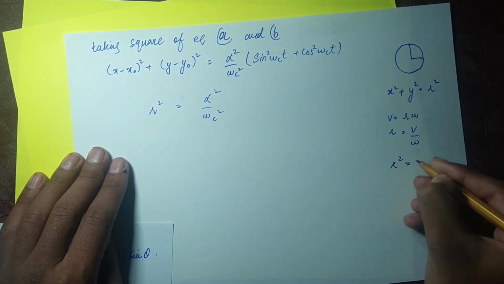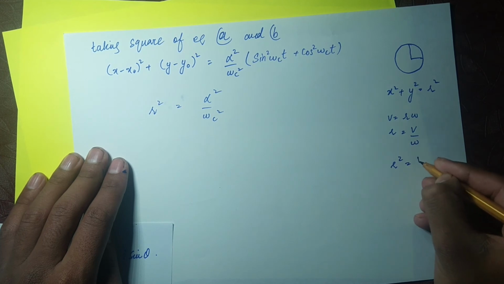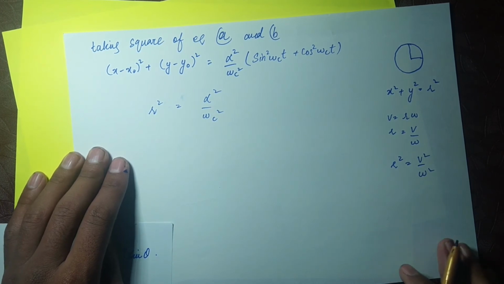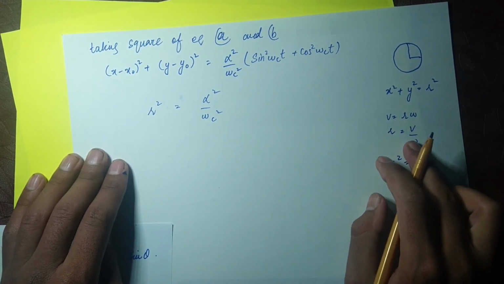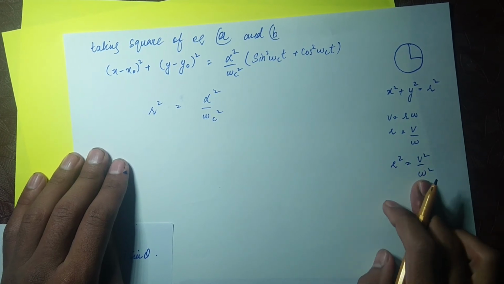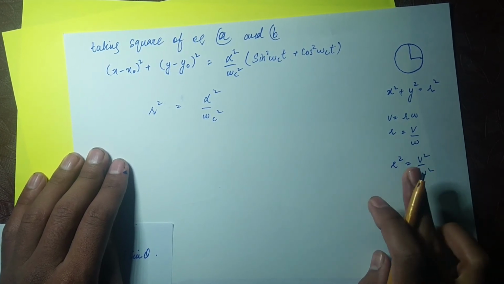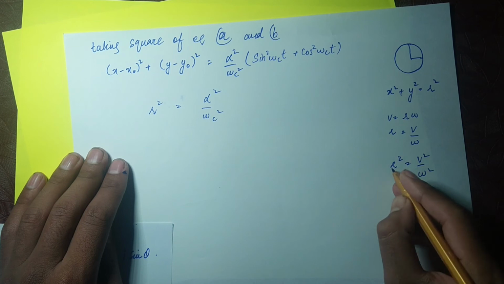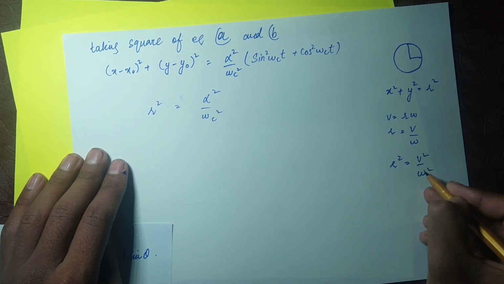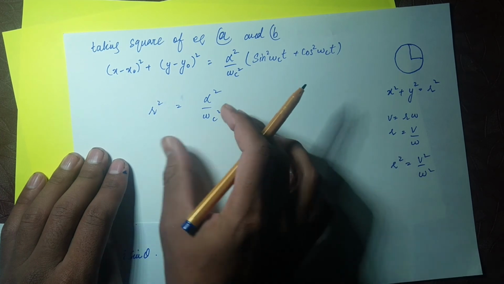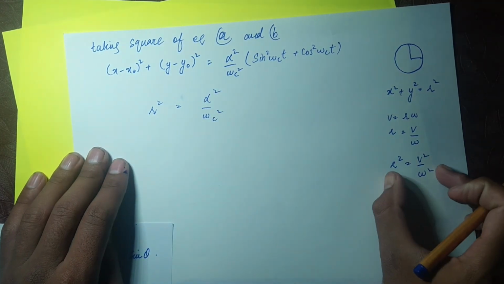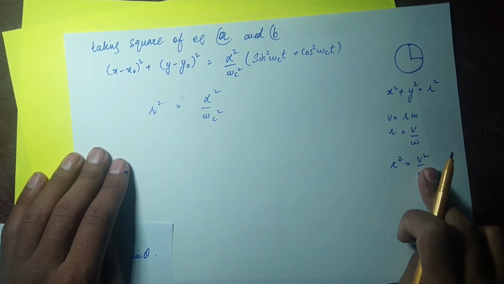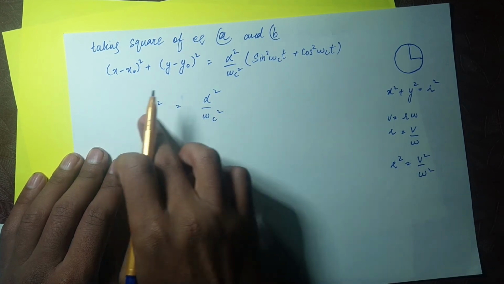So r squared equals v squared over omega squared. Okay, v is equal to r omega, r is equal to v over omega, and r squared is equal to v squared over omega squared. If you name this equation and compare it with the earlier equation, you can see that alpha is equal to v.